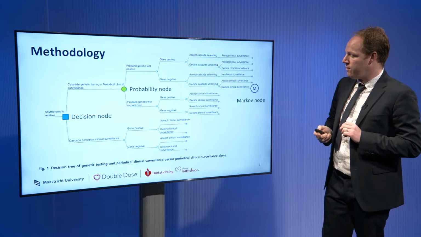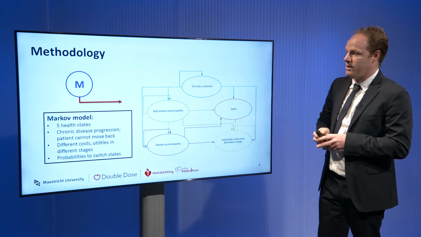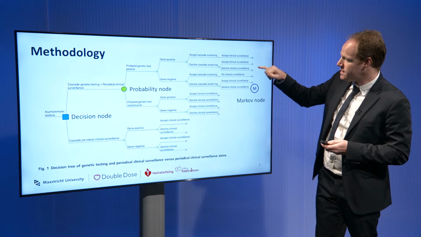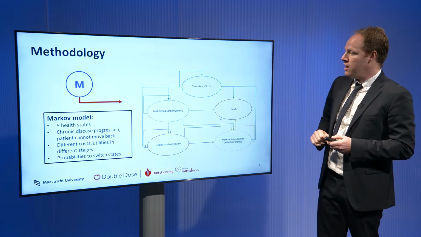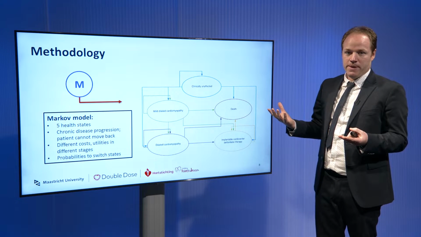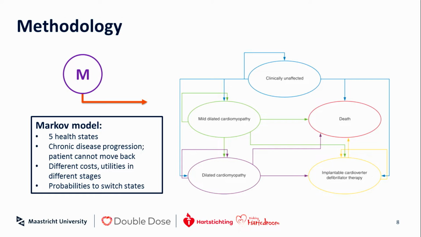Thus, a few additional words on the Markov model. At every pathway mentioned here, at the end of each decision tree option, we have a Markov model in which the patient could move between different health states.